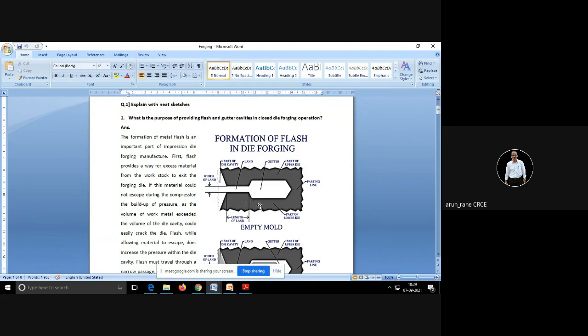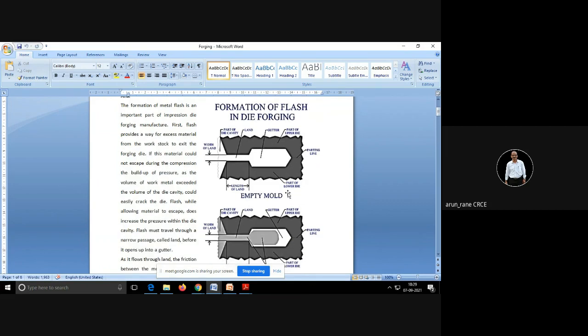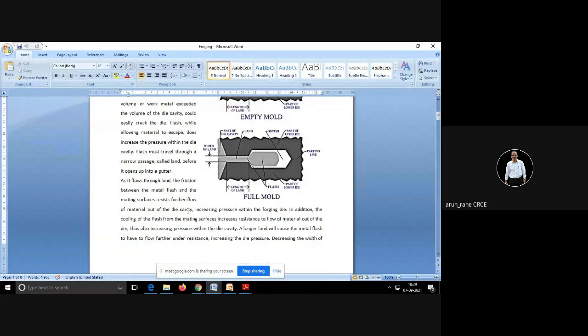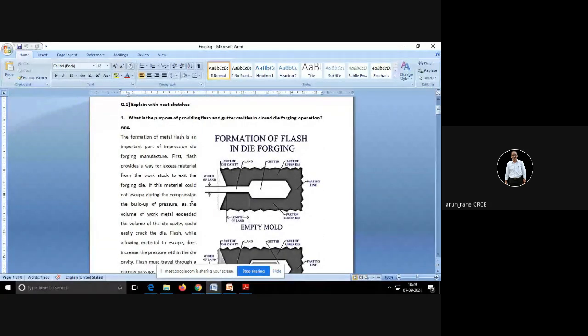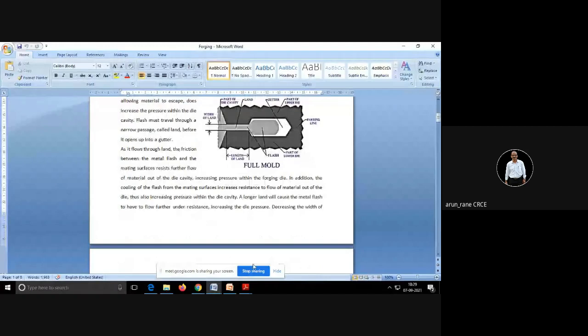Because if the raw material is not sufficient, then the component will not be proper. So this is how you get a flash here. This is the cavity which you are going to get in forging, and this is the explanation. So please go through it once I upload it, and you will have an idea how to write an ideal answer.